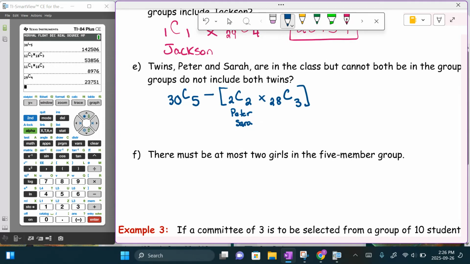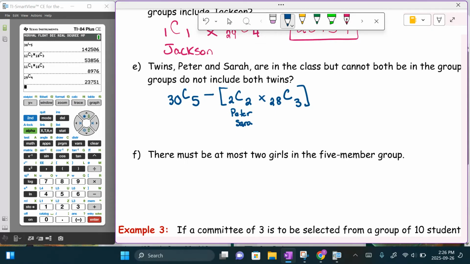How is that sitting with you guys? 30 choose 5 gives you all the groups of 5s that are possible. The second scenario is how many groups have Peter and Sarah in the group. So if I take the difference, the leftover will be how many have either one, the other, or none.